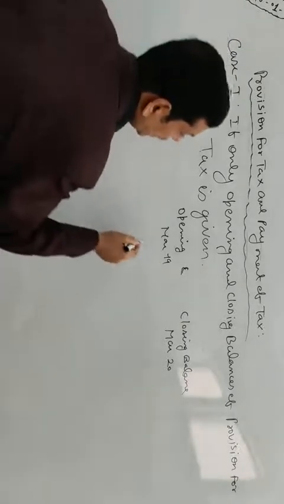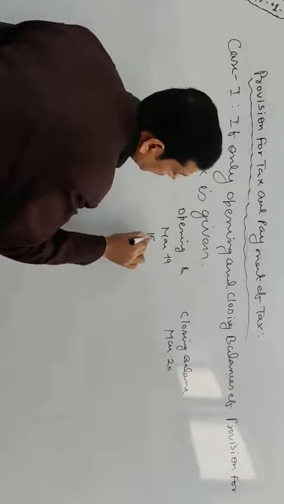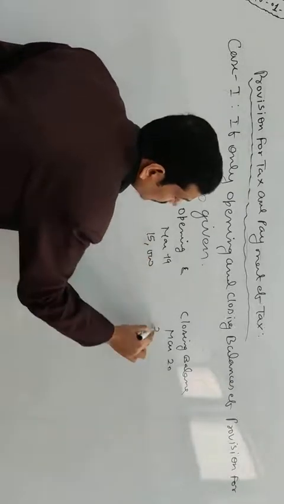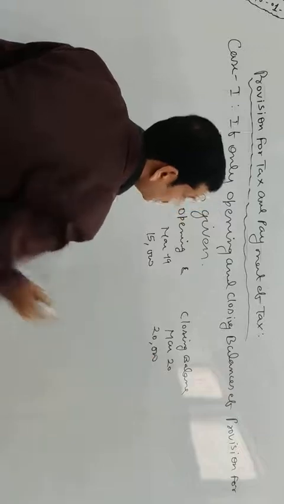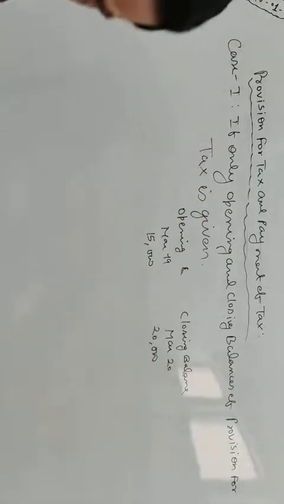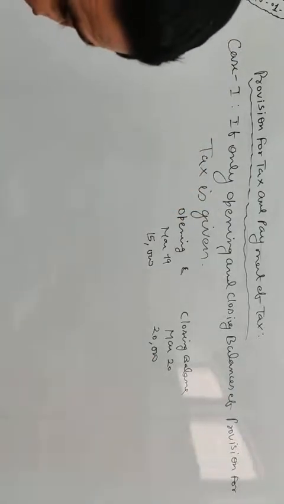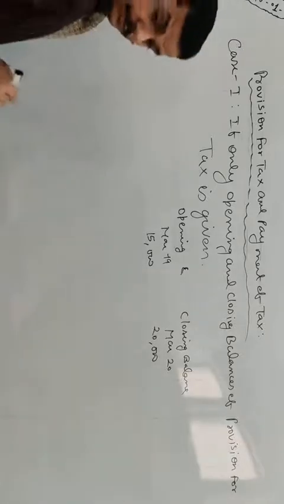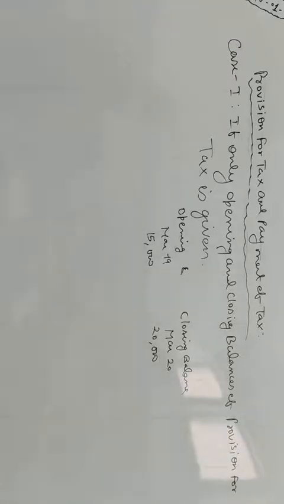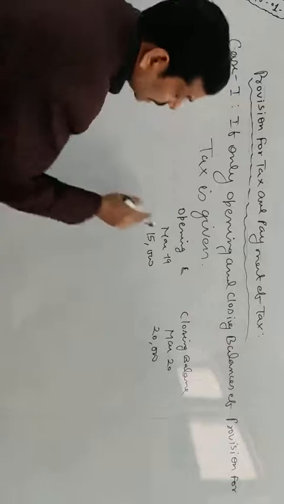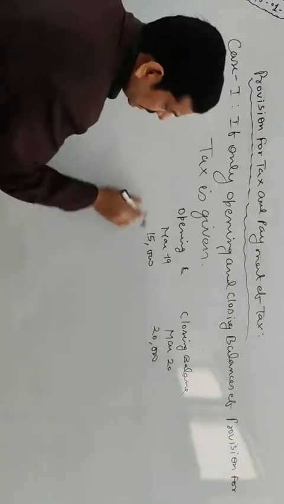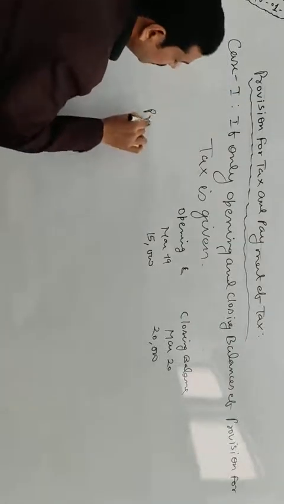So for example, if opening balance is 15,000 and closing balance is 20,000, now what will you do in that circumstance? Okay. So current year balance, this is provision for tax.